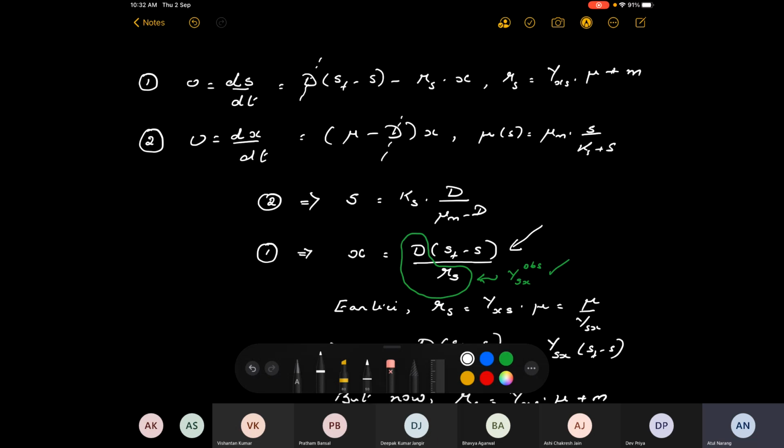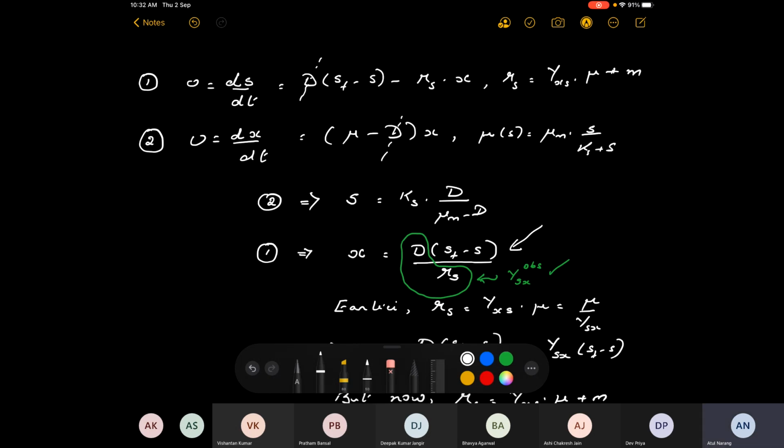My model is essentially dS/dt equals minus RS times X, and the derivatives are not equal to 0 because I'm applying them to a batch reactor. So things are changing. You can't put the derivatives equal to 0 anymore. And dX/dt is equal to mu X.